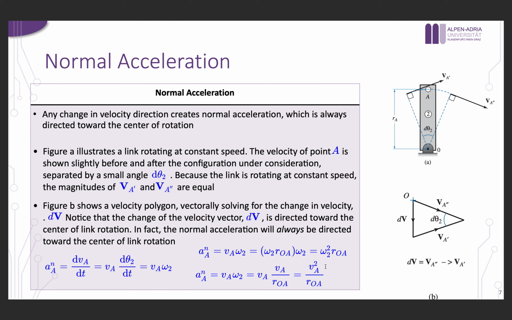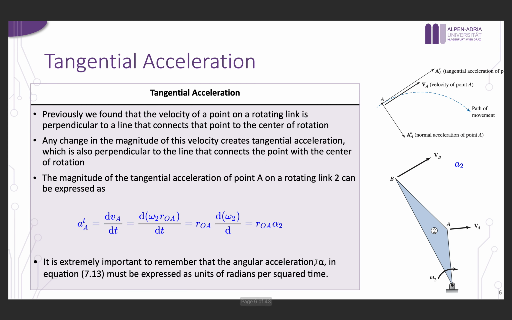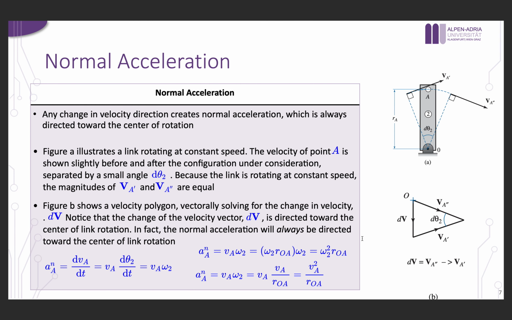One of these two applies, and you can just remember this and use it in the next problems that we will solve. The derivation is more complicated than for the tangential acceleration, and I don't want to cover it here.